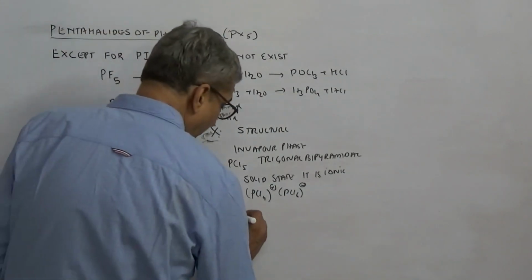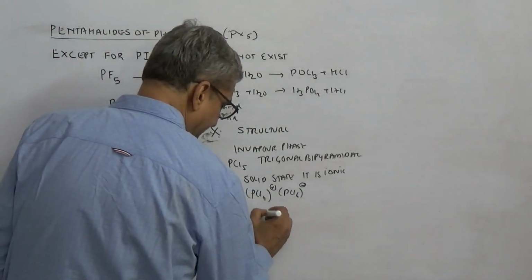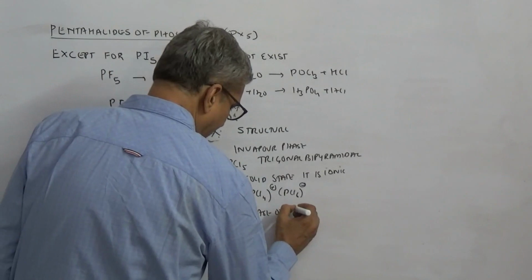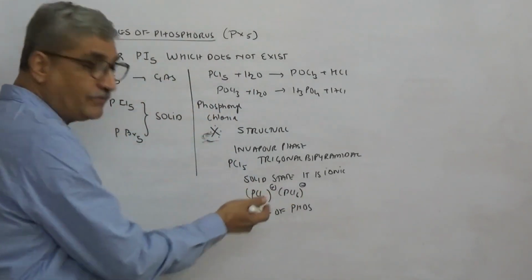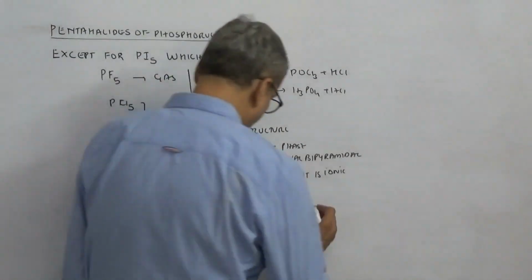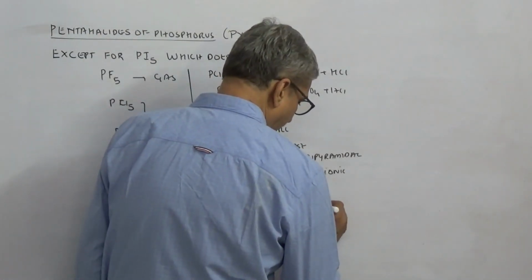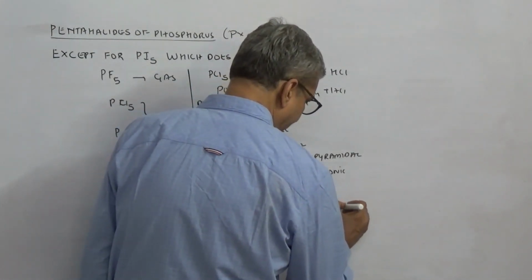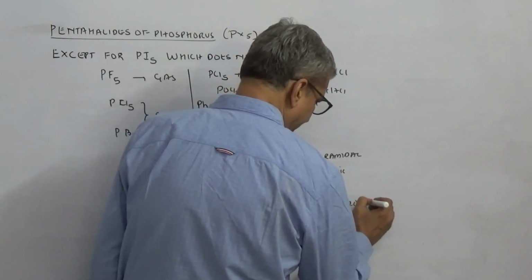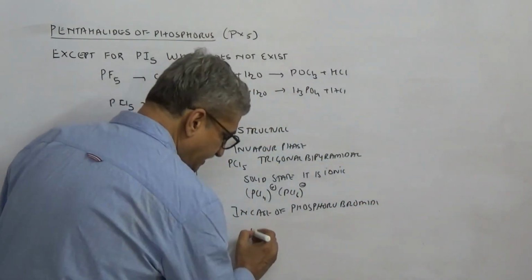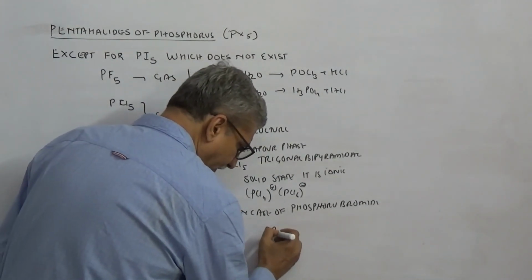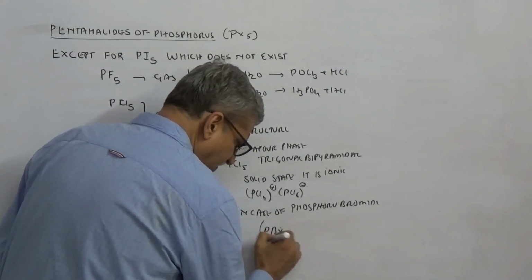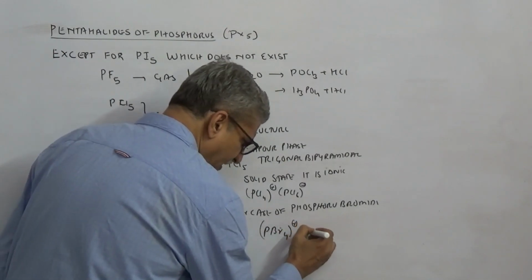In case of phosphorus pentabromide, these are all small points which are very important from the entrance exam point of view. In case of phosphorus bromide, it exists as PBr4 plus and Br minus.